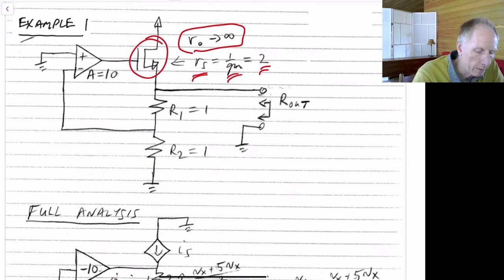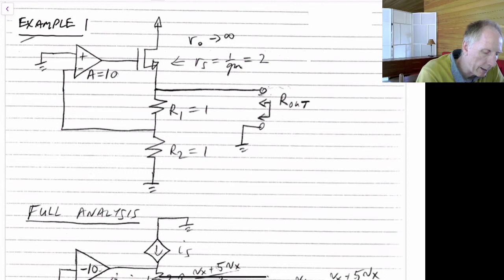We'll use 2 for Rs, we'll use R1 here to be 1, R2 to be 1, and we'll have an amplifier and feedback here with a gain of 10 over here. And we note that it's negative feedback because we're attached to the negative terminal here, and the gain from this point to this point is non-inverting because it's a source follower.